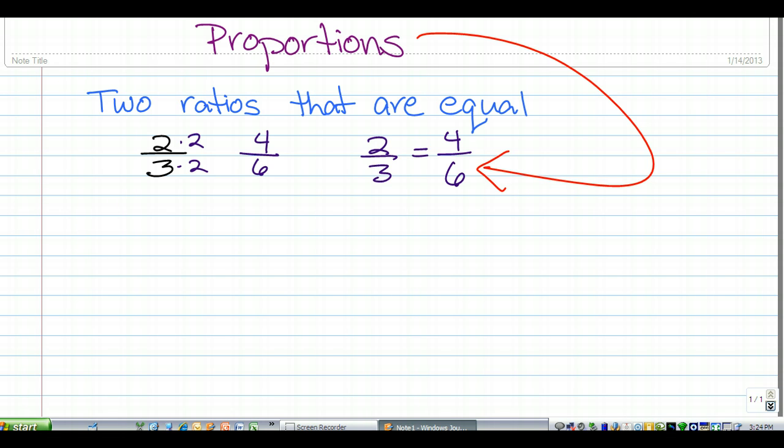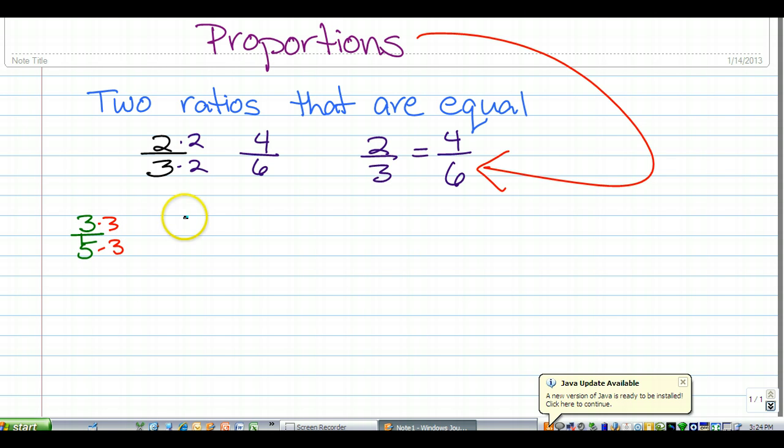So if I give you the ratio of 3 to 5, and I say write a ratio that is equivalent to that, and then write a proportion. Well, the easy peasy way is just to multiply them both by 2. But say you're getting a little daring, and this time you want to multiply them by 3. You can do that. 5 times 3 is 15, and 3 times 3 is 9.